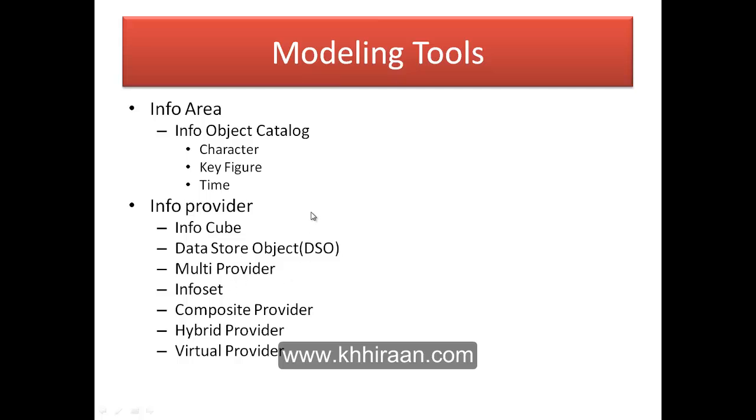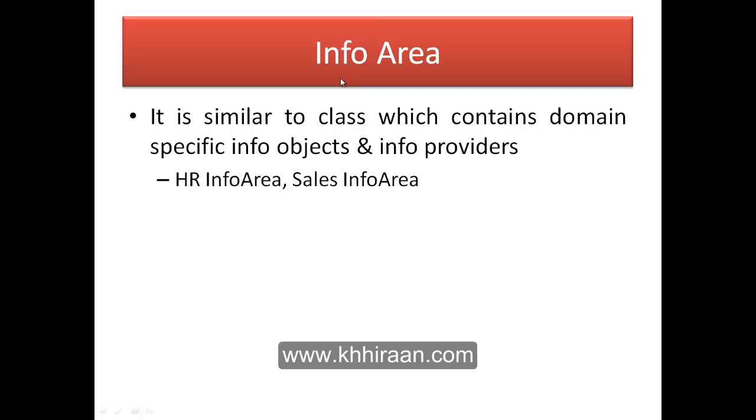So if you want to start modeling, the first thing we have to do is create an InfoArea. So what is an InfoArea? An InfoArea is similar to a class which contains domain-specific InfoObjects or InfoProviders. For example, an HR InfoArea, which belongs to the HR department or domain, or a sales InfoArea.